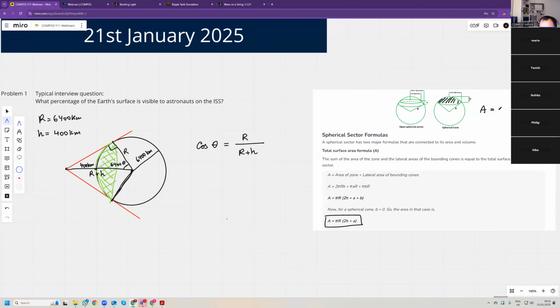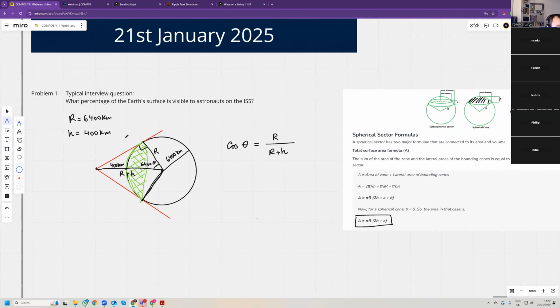Area is pi r multiplied by 2h plus a. Now we need to be careful what h is, because h is not the same. A is the radius.